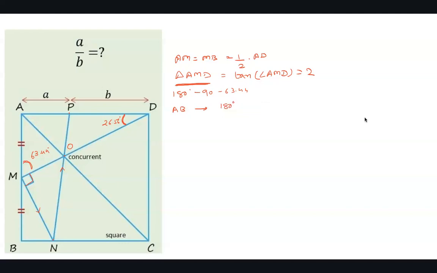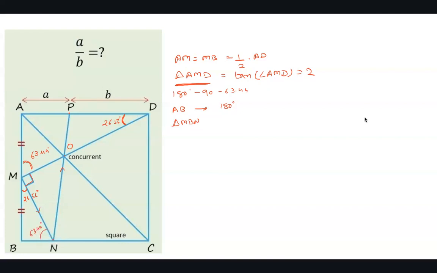Hence, we can now find angle BMN, and that also would be 26.56 degrees. And hence, now applying the angle sum property on triangle MBN, we can also figure out that angle is 63.44 degrees. So this is good.